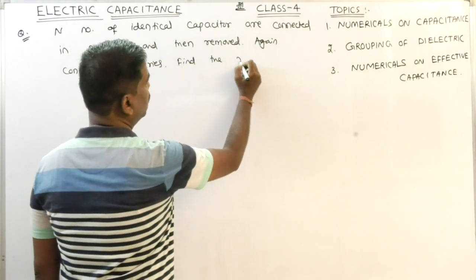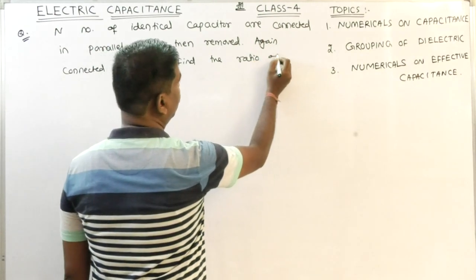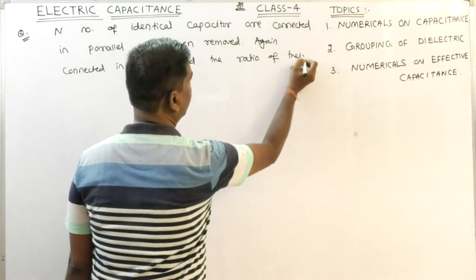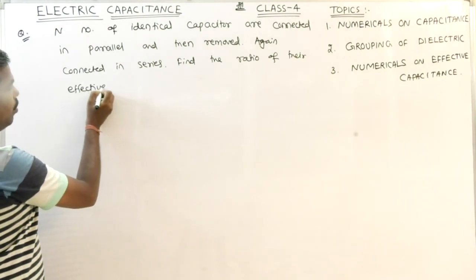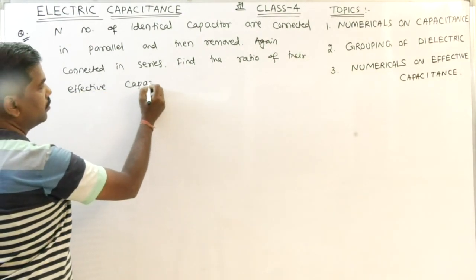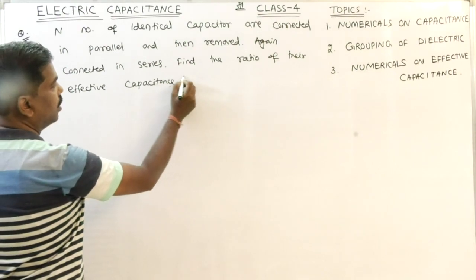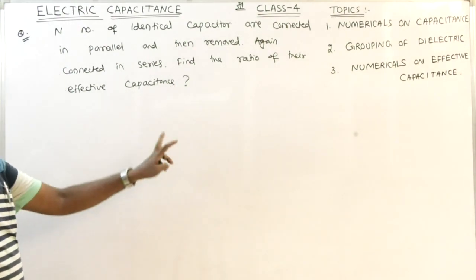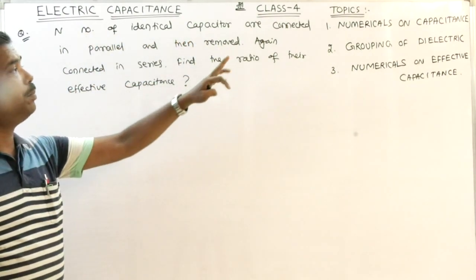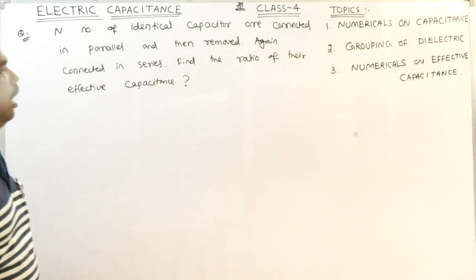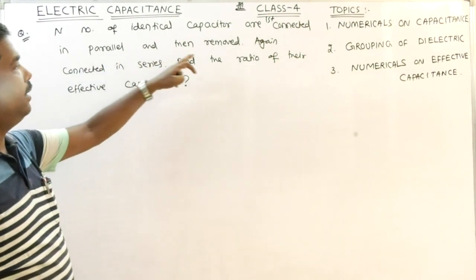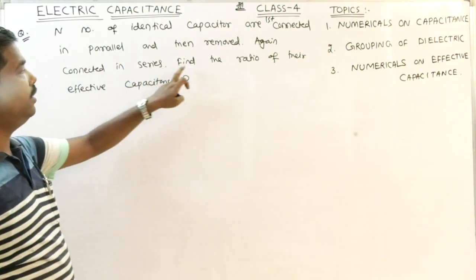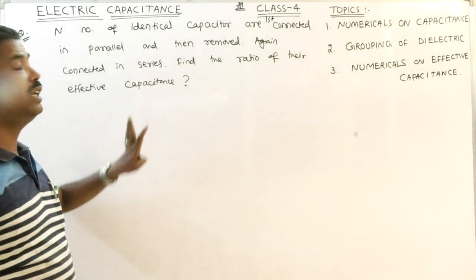Find the ratio of the effective capacitance. Clear? N number of identical capacitors are first connected in parallel and then removed, again connected in series. Find the ratio of their effective capacitance.